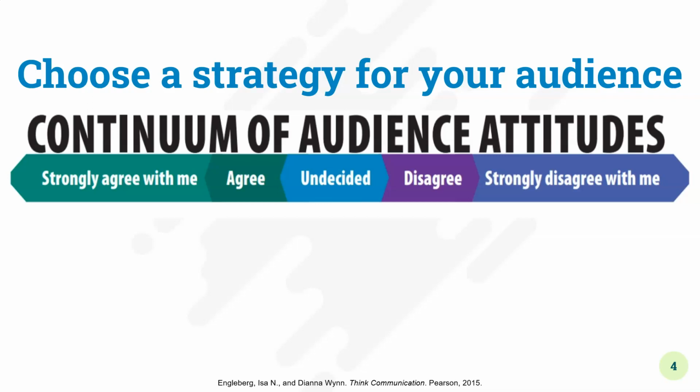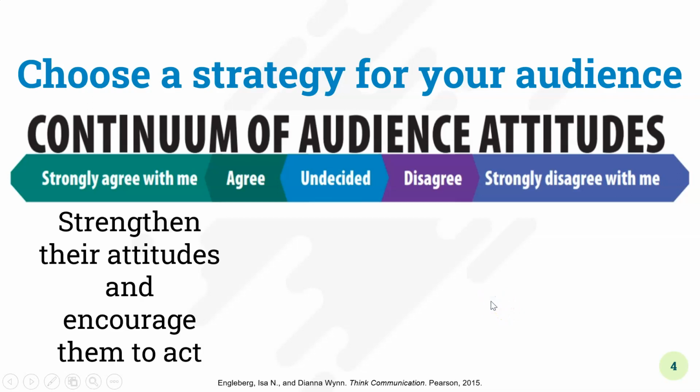But you also need to know whether or not they agree, disagree, or are neutral or undecided about what it is that you want to persuade them about. And they can be anywhere on this continuum, whether they strongly agree with you or they strongly disagree with you. So once you understand where they're coming from, there are some tactics that you can use.